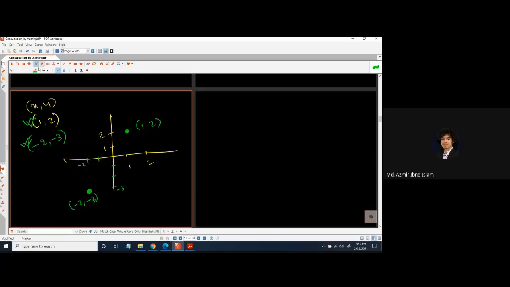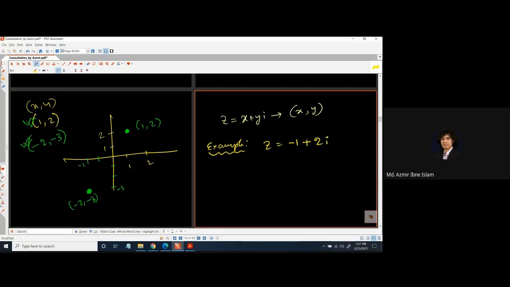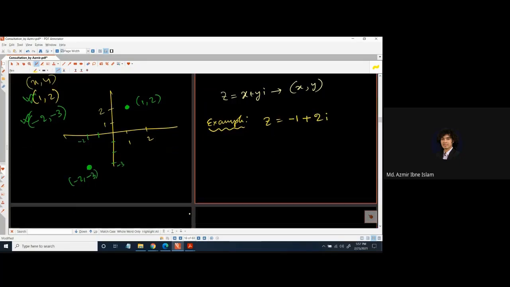So a complex number z equal to x plus yi always denotes a point. So let's say, for example, we have z equal to -1 plus 2i. So -1 plus 2i can also be a point, that is (-1, 2).